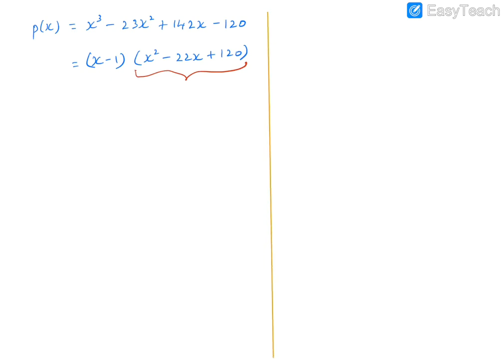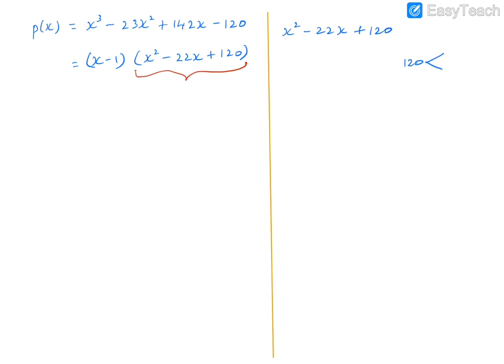So we will have x square minus 22x plus 120. So we have to use the method of splitting the middle term. We have to split the middle term such that the product is 120.